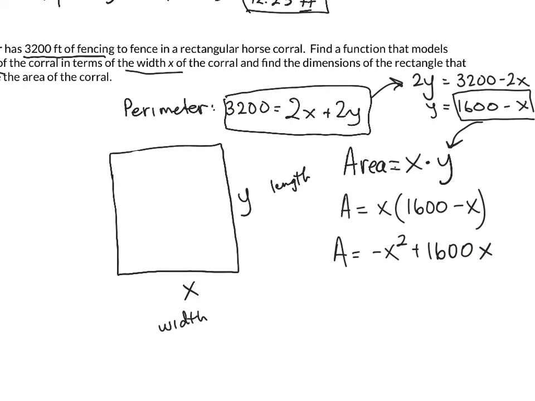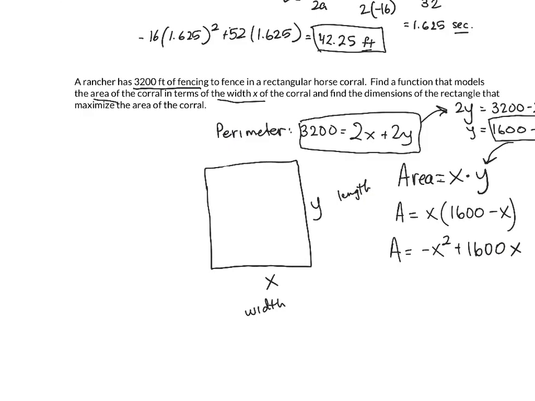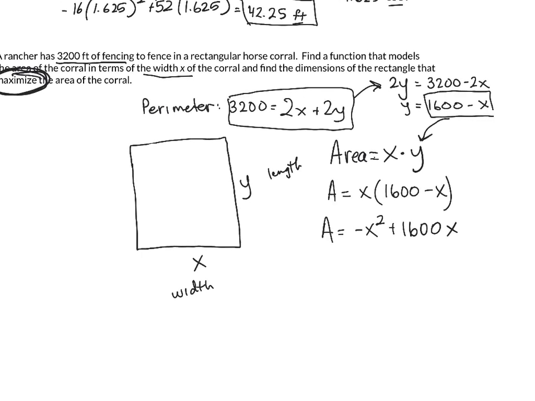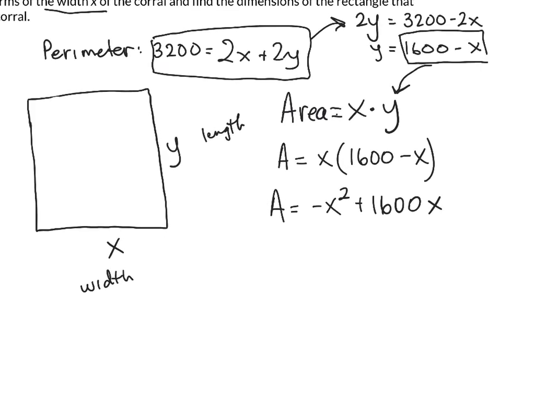And the importance of it being a quadratic function, especially one that opens upside down, and I know it opens down because there's a negative in front of that x squared, is that we're asked to find the dimensions of a rectangle that maximizes the area of the corral. Well, there's that key word again, find the maximum.